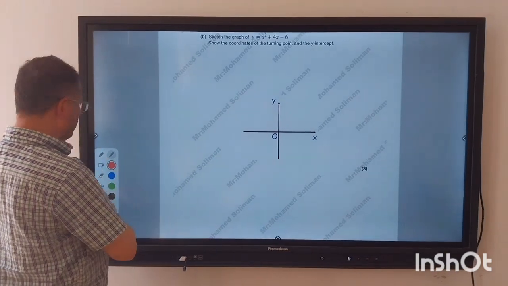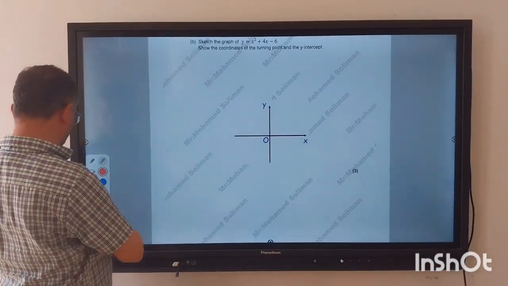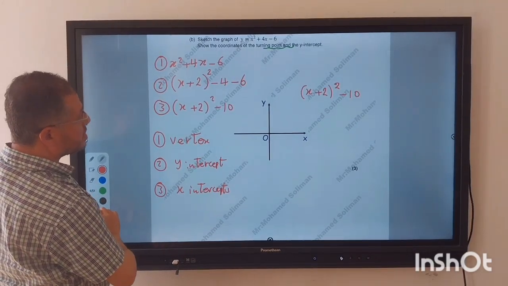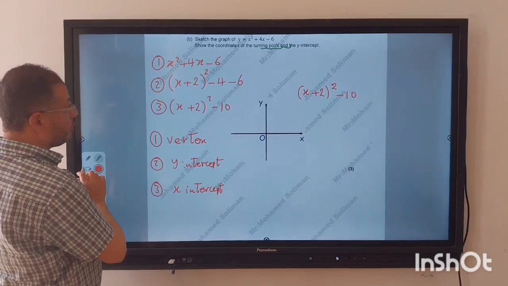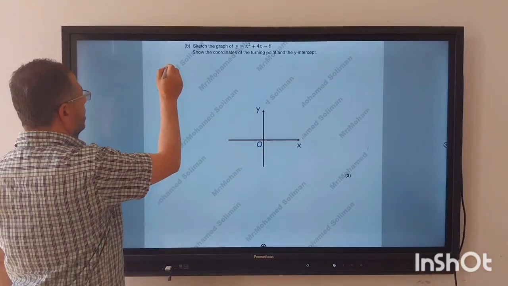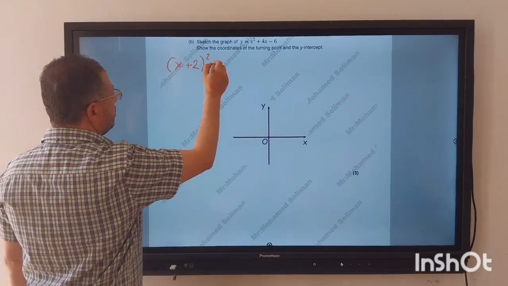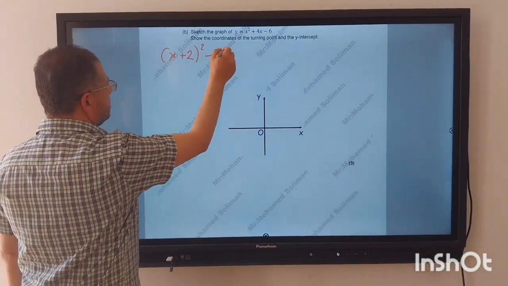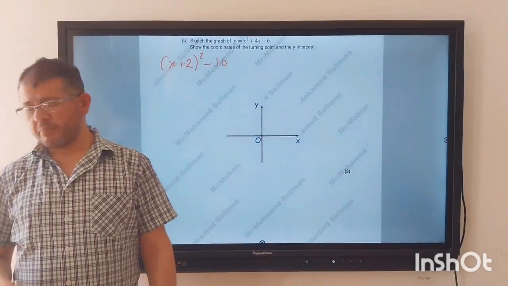Now, to remember only quadratic, it becomes here, let's see, (x + 2)² - 10. Yes. Now, I want to make sure about what?